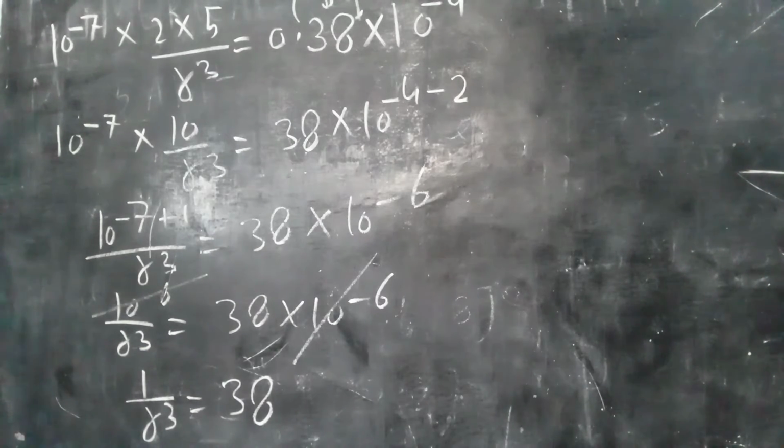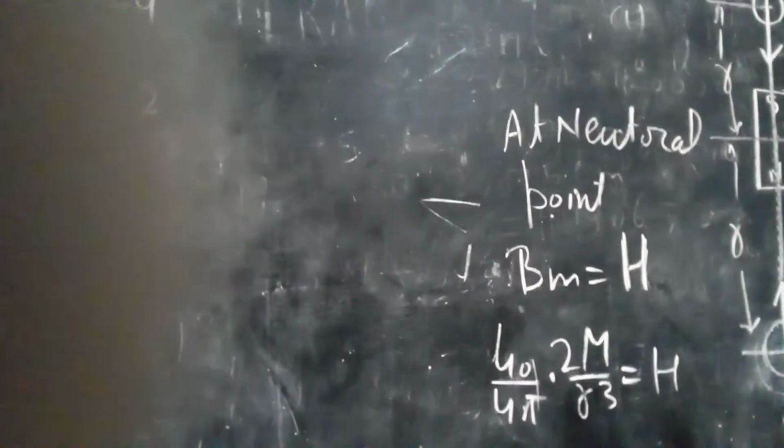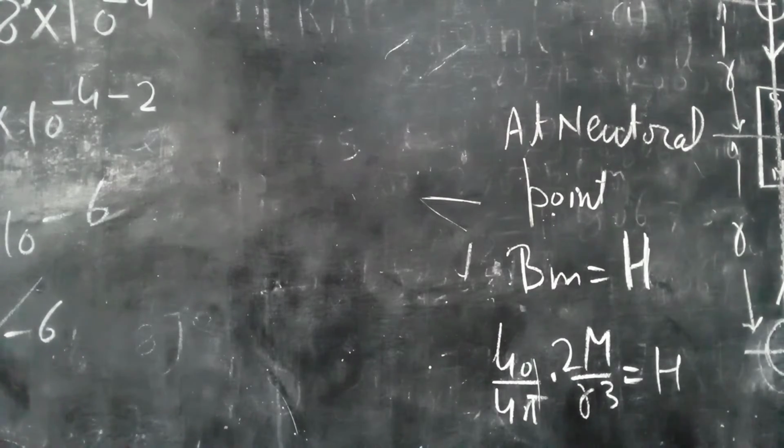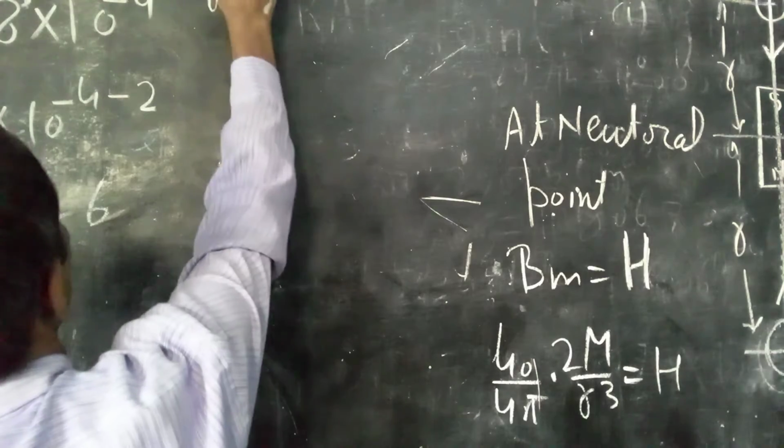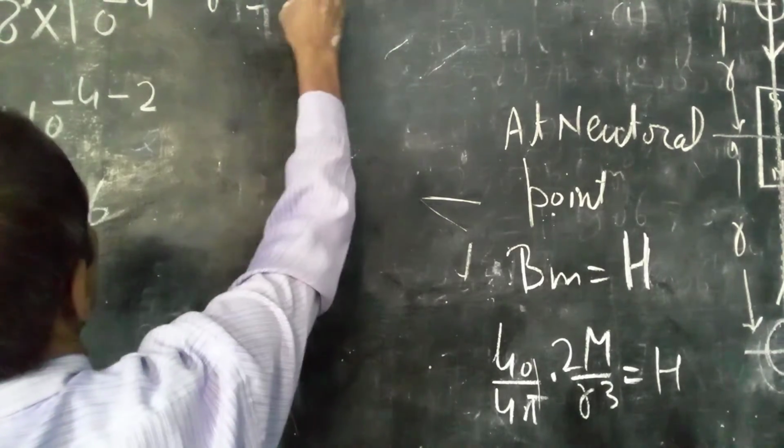Now taking reciprocal, we get r cube is equal to 1 by 38.